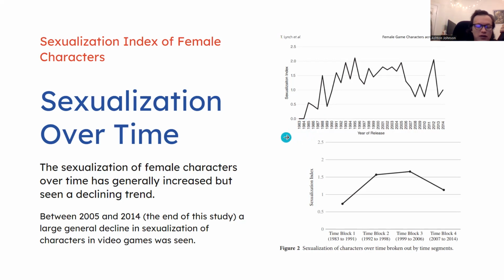It ended up being that 571 games were analyzed from this range of 1984 to 2014.